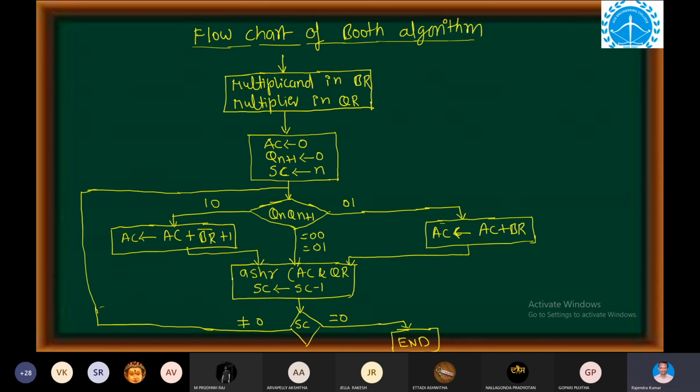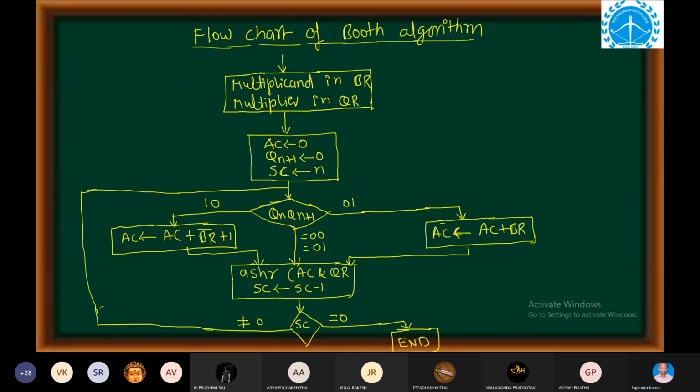So initially, the multiplicand is stored in the BR register and the multiplier is stored in the QR register. After that, I initialize the accumulator as 0 and Qn plus 1, the flip-flop I am using, as 0, and the sequence counter is initialized as n, where n is the number of bits present in the multiplier.